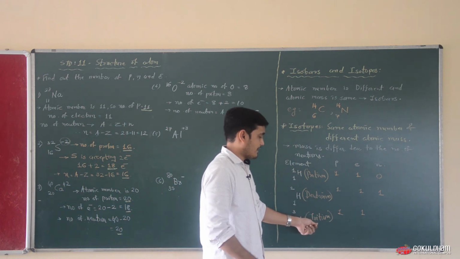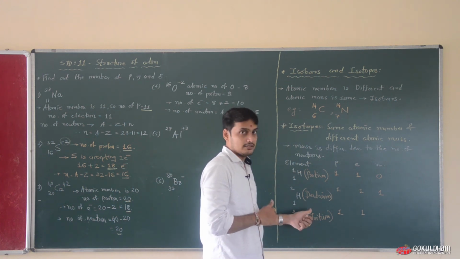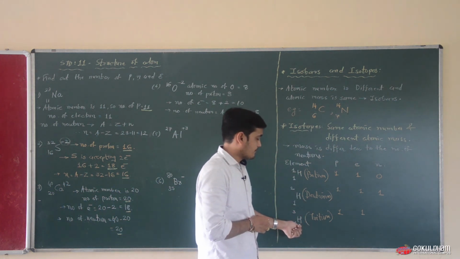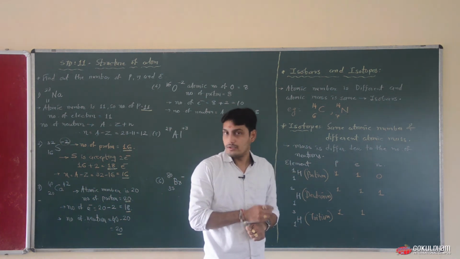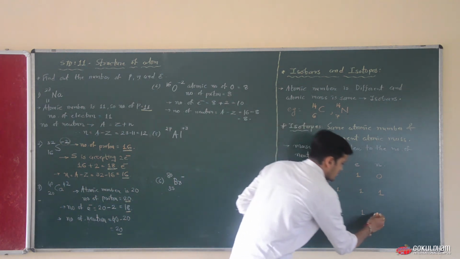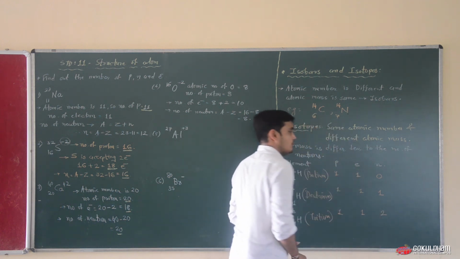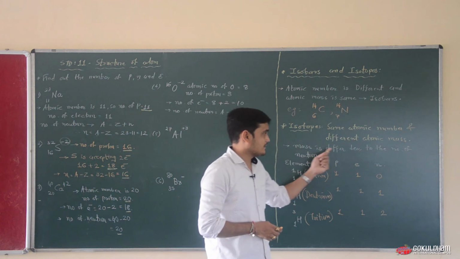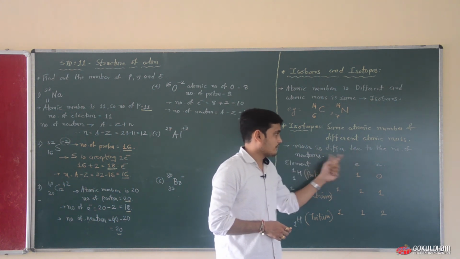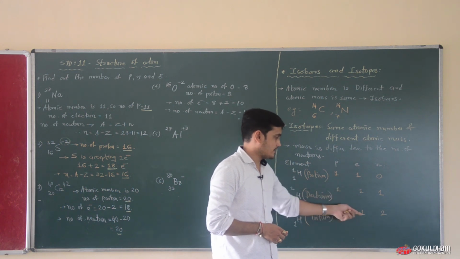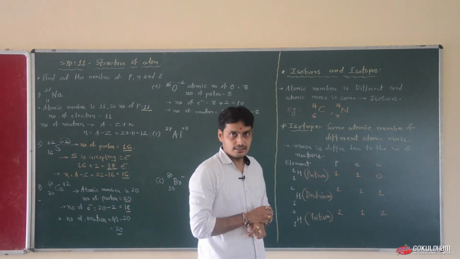It can be found in a ratio of 1 in 10^17. So this tritium acts as a radioactive element. So the 1H3 contains 2 neutrons. So we can say that mass differs due to the number of neutrons. The number of proton and electron is same in all the cases.